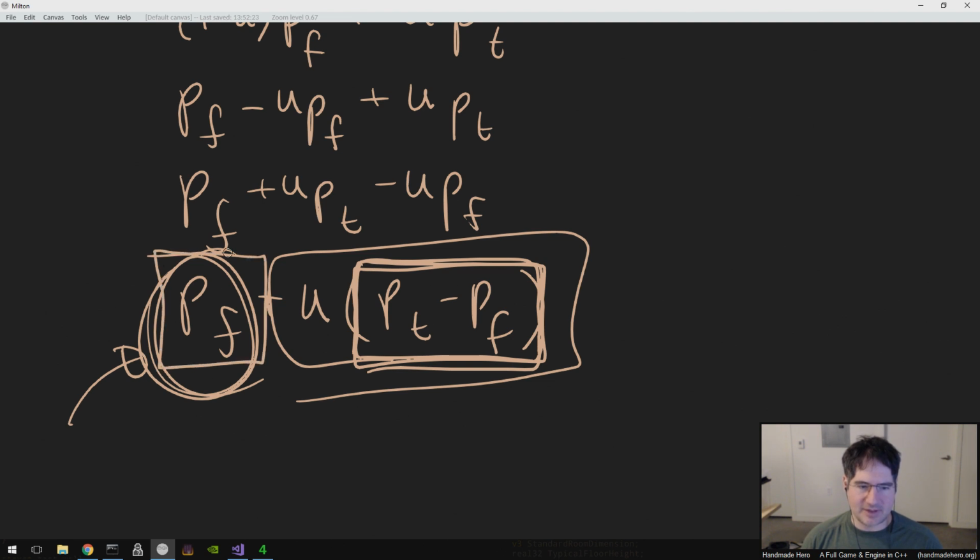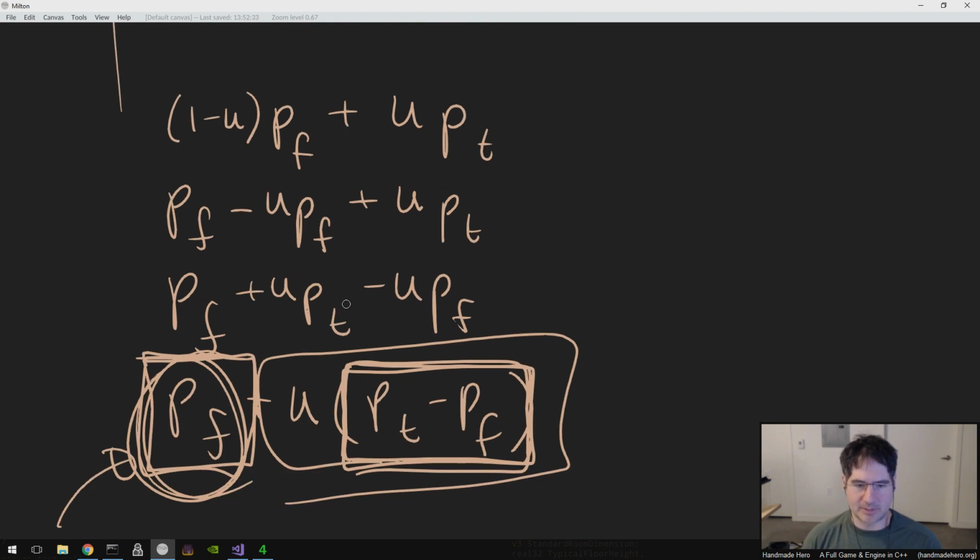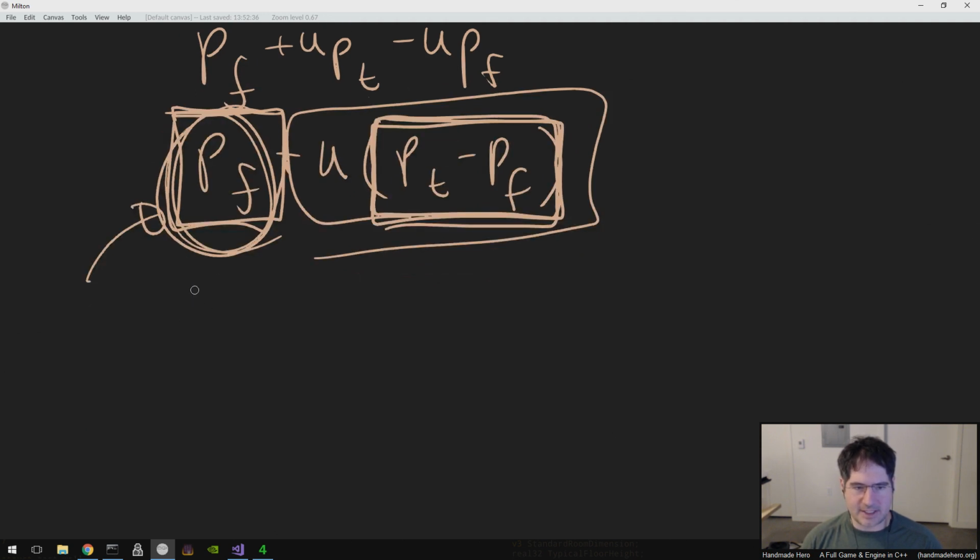The derivative of this is nothing. It doesn't have t in it, because u is the only thing that contains any t's here. Probably shouldn't use t for that. So if I consider this to be some p from value plus a u times some delta value, right? This is some delta p value, okay?